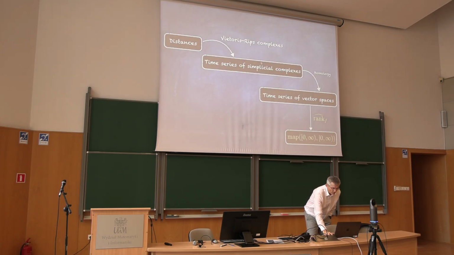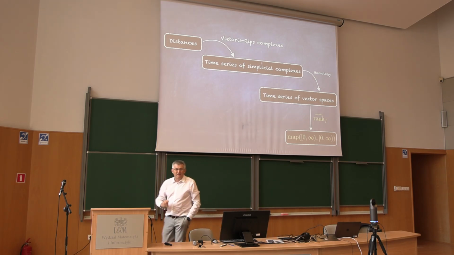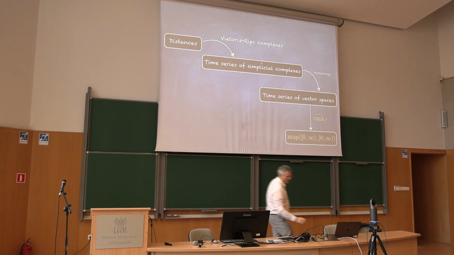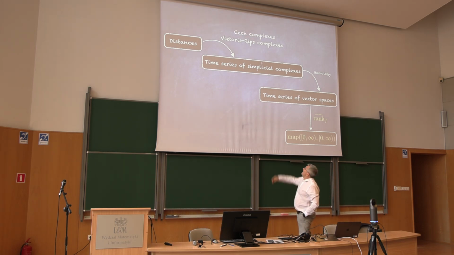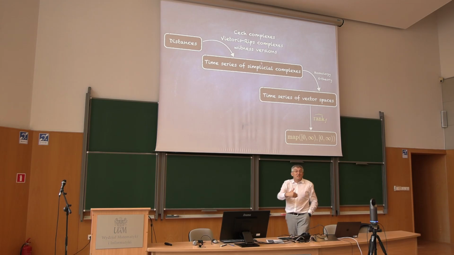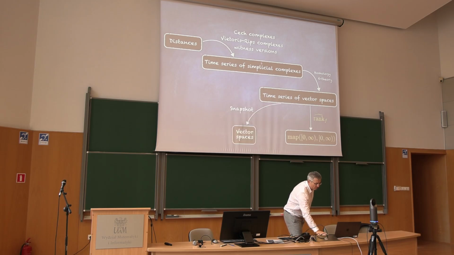In reality, the way we apply this is a little bit more complex, because we have many other constructions, for example, Čech or witness versions or alpha complexes. Moreover, we might use homology or be interested in some other invariants, as long as they are homotopy invariant.